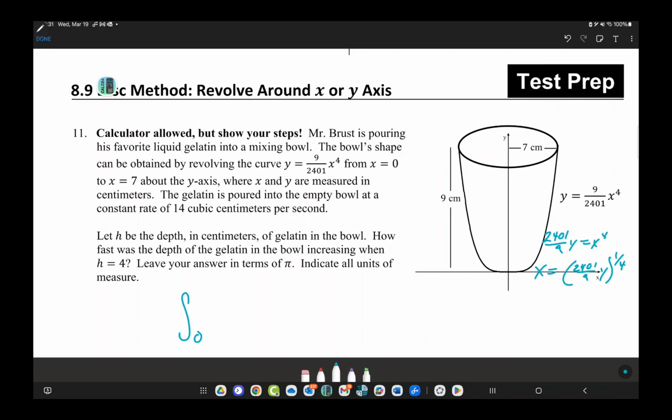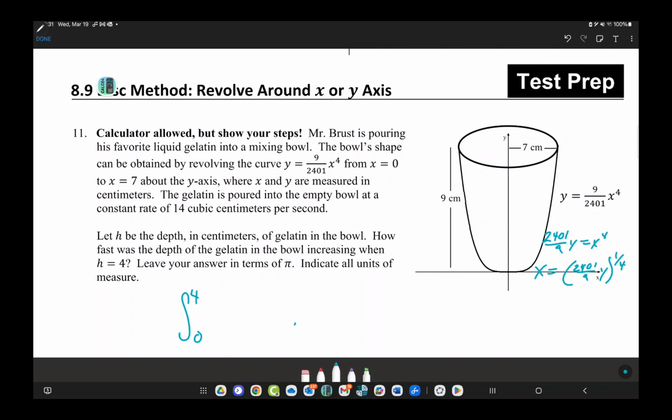Let h be the depth in centimeters. How fast was the depth of the gelatin bowl increasing when h is equal to 4? Okay, so that means that I'm going from 0 to 4. It says my max height is 9, but it didn't say how much it actually went up. It says the max height, how fast it's increasing when h equals 4.